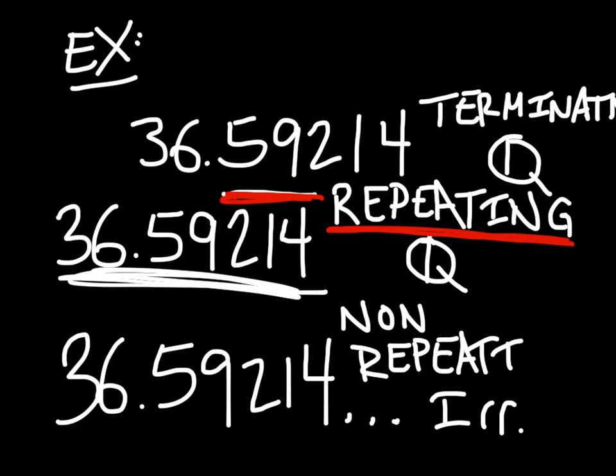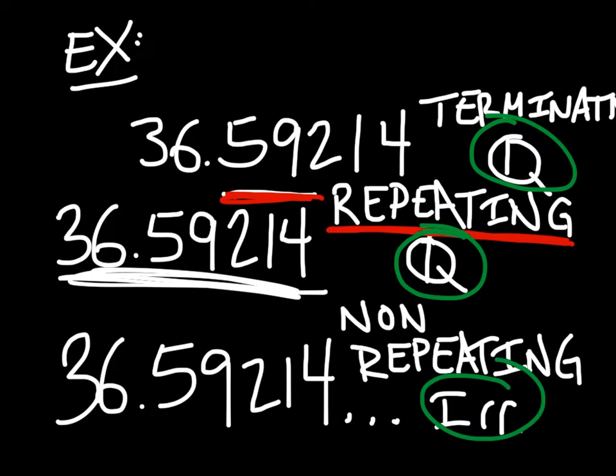Remember also that I will not test you on this vocabulary stuff. However, you will be tested on this classification stuff, like if it's rational or irrational, okay? What makes this final number here at the bottom irrational? Very good.